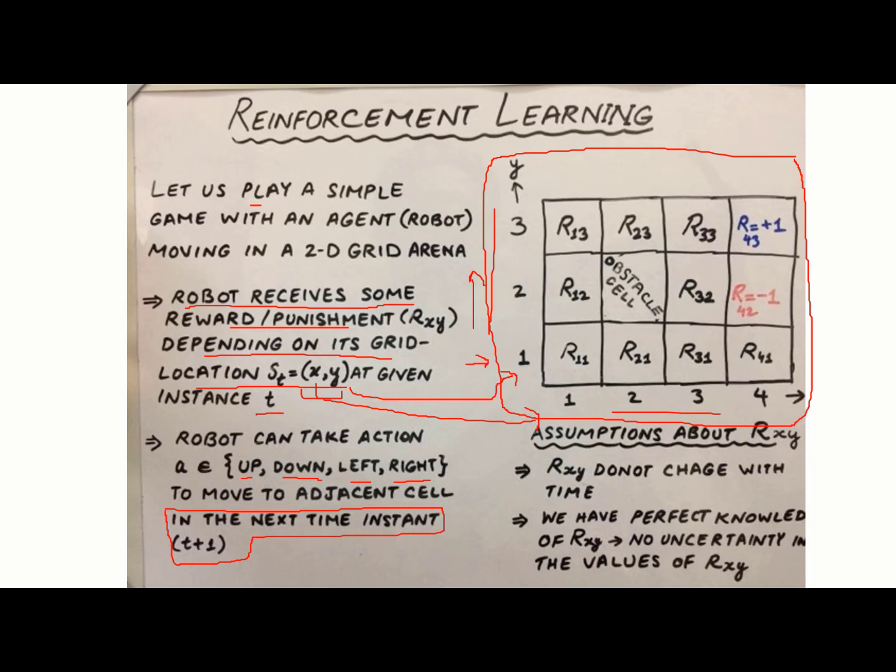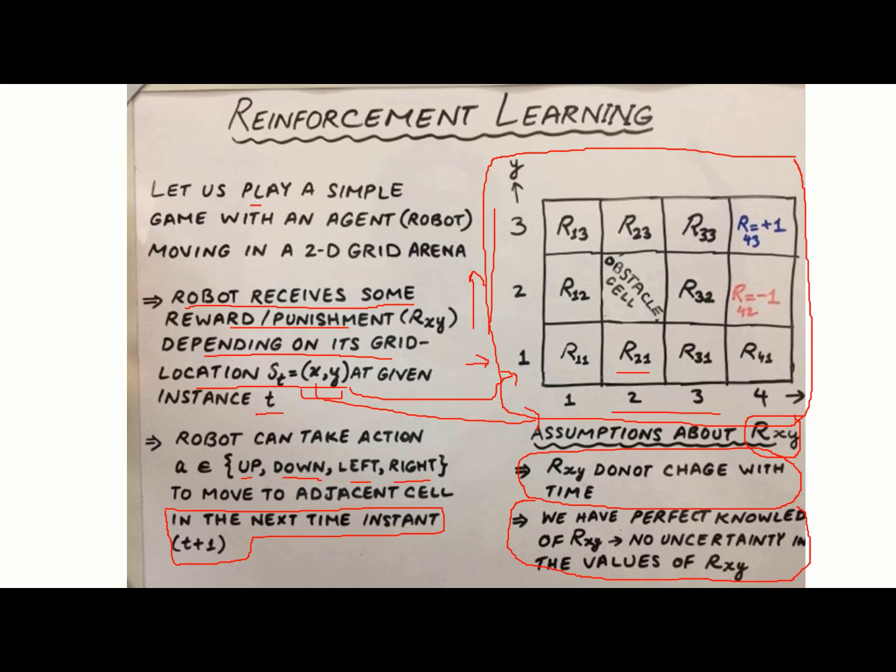Now, an important assumption about this variable rxy, this is actually not a variable, it is a way to represent the reward or the punishment. It is going to be some number that is not going to change with time. So that's a very important assumption about rxy, which represents the reward and the punishment in the grid cell.